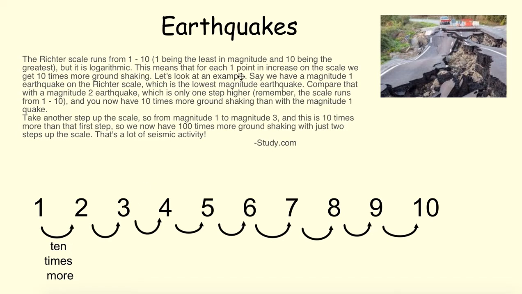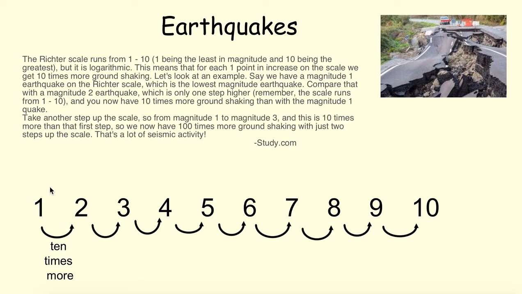So here's what it says. Say we have a magnitude 1 earthquake on the Richter scale, so we're right here. Compare that with a magnitude 2. The way the Richter scale works, which is only 1 step higher, it's now 10 times stronger than what it was at the 1. So you now have 10 times more ground shaking than with the magnitude 1 quake.